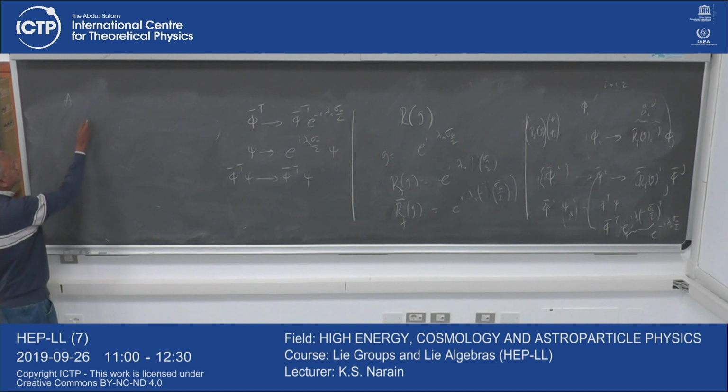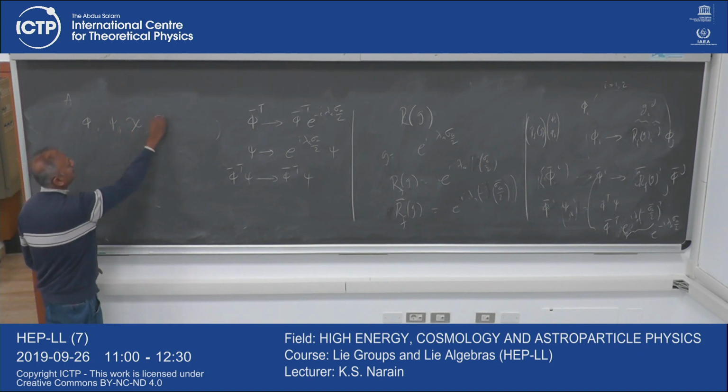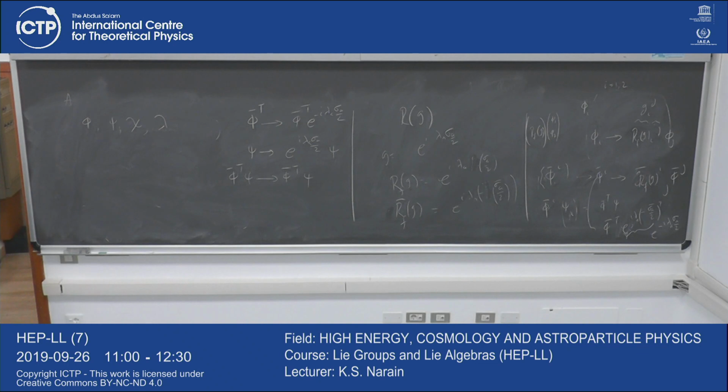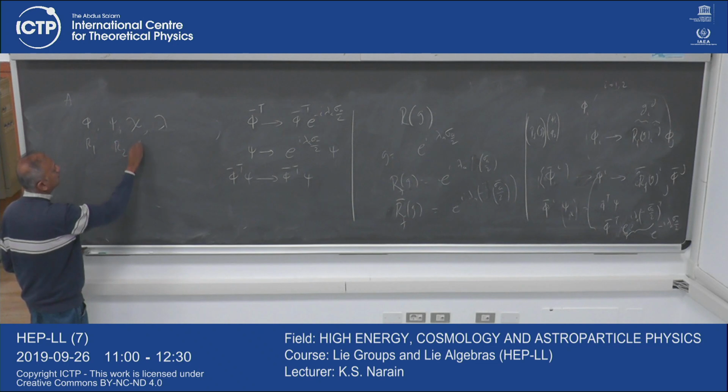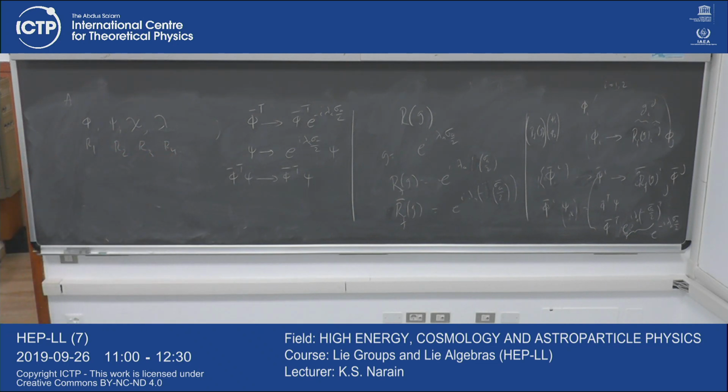Let's say phi, psi, chi, lambda, all sorts of fields may be there in your theory. Each one of them may be transforming in different representations. Maybe this is transforming in some R1 representation, this is transforming as R2, R3, R4, whatever. All these different things may be there.